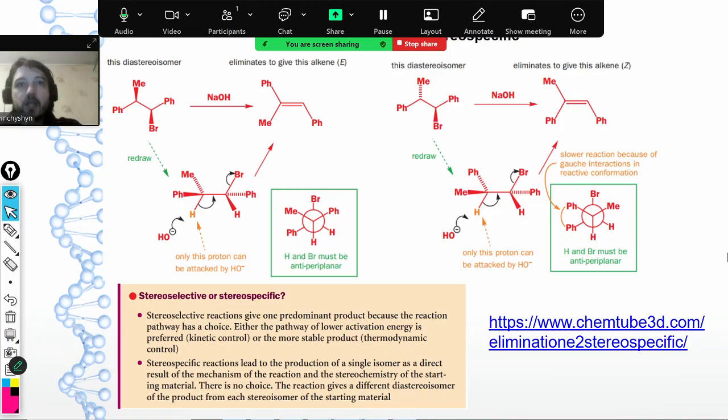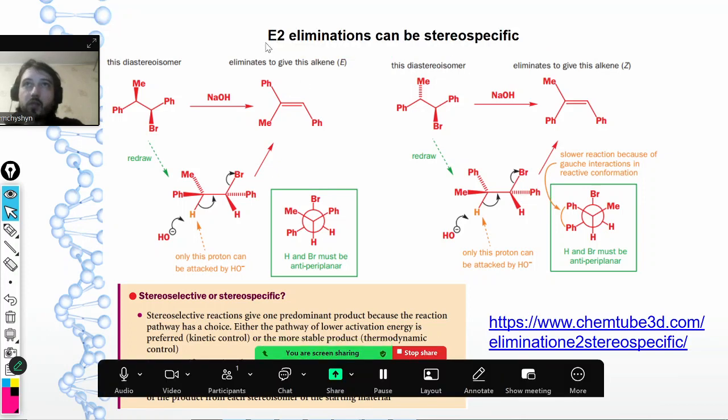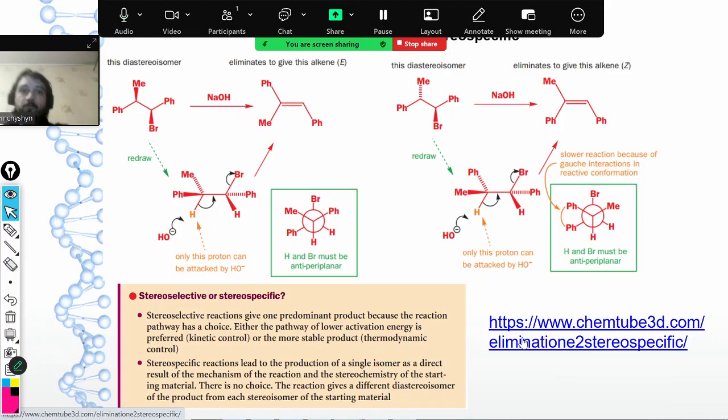Stereo specific reactions lead to the production of the single isomer as a direct result of the mechanism of the reaction. So stereo specific means you get one product. There is no choice. The reaction will not give you something different.